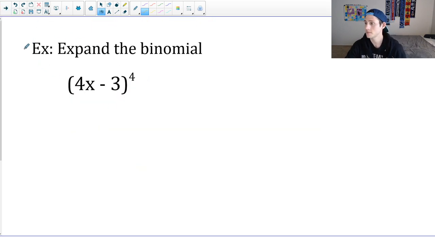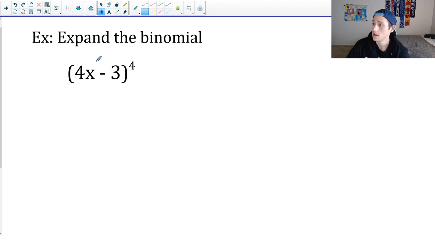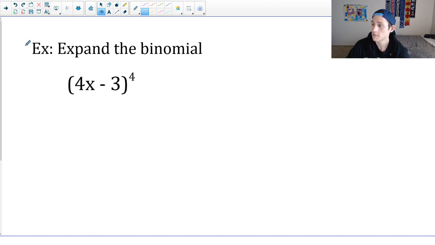All right, next up. Expand the binomial, 4x minus 3 to the 4th power. Since it's to the 4th power, n equals 4.